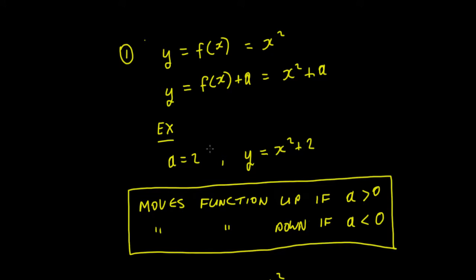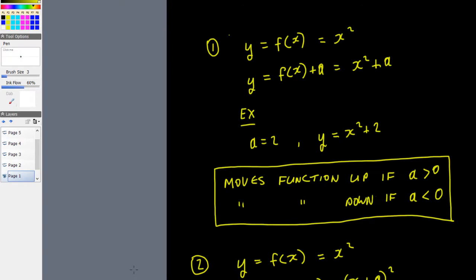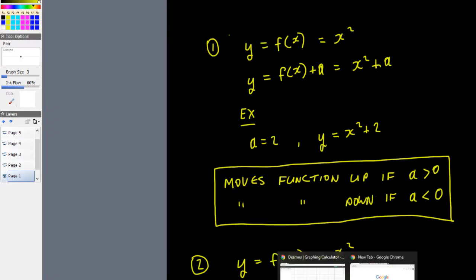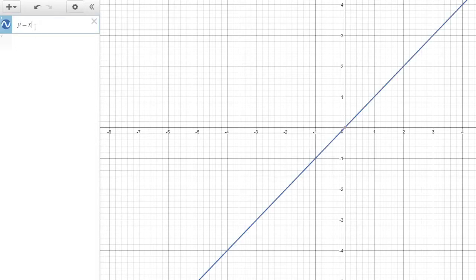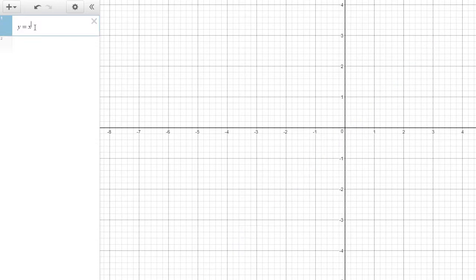Now let's have a wee look at that on the graphical tool here, which is a little graphical calculator called Desmos, which you can go and get online if you just hunt for it on YouTube. So let's say we had a function there, y equals x squared, and we're going to change that function.